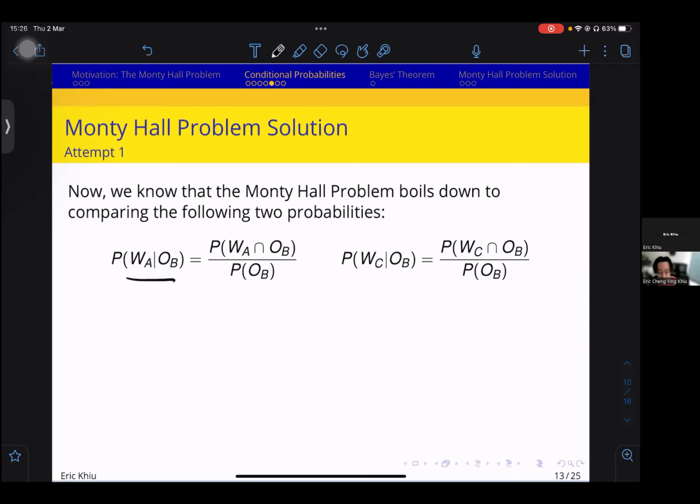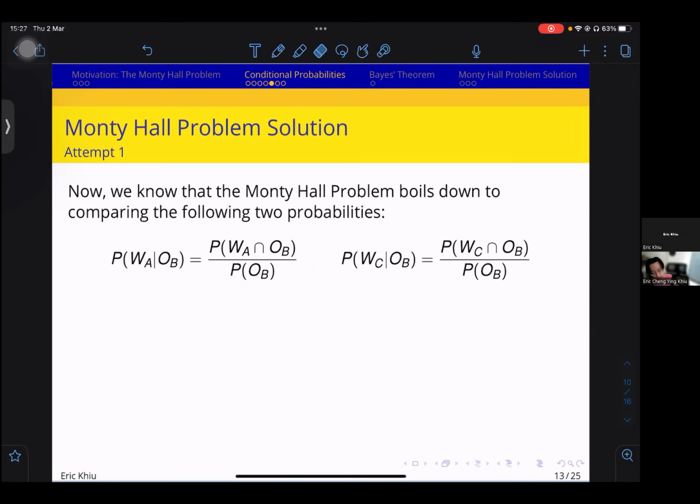And also, given that the host opens door B, what is the probability that door C is the winning door, which is this probability over here? Let's call them 1 and 2. If 1 is greater than 2, then we should stick with door A. If 1 is smaller than 2, then we should switch to door C. And if both of them are equal, then we are just indifferent between the two choices.